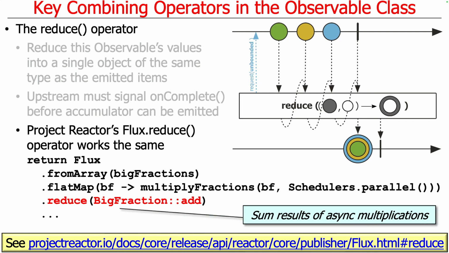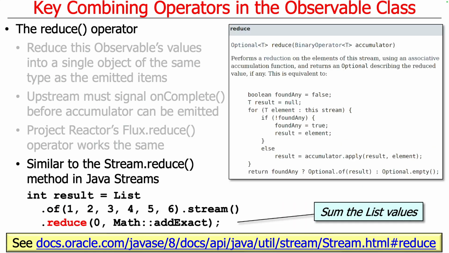Project Reactor has a reduce operator that works exactly the same way as in RxJava. And there's a reduce operation, a terminal operation, in Java streams that also works in much the same way. So in this case, we're going to have a list of values. We turn it into a stream and reduce them by summing up all the values in the list.